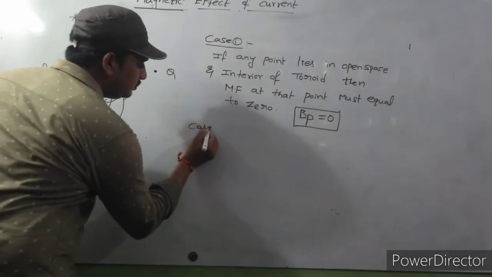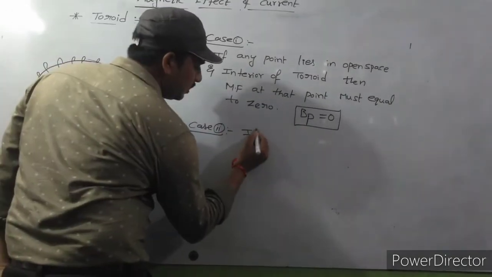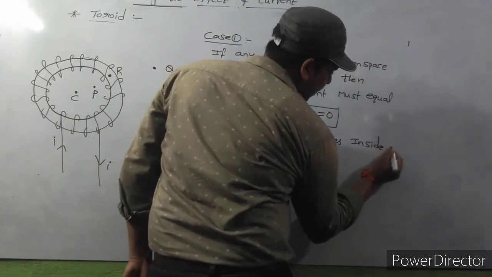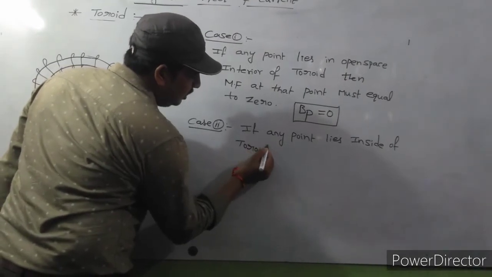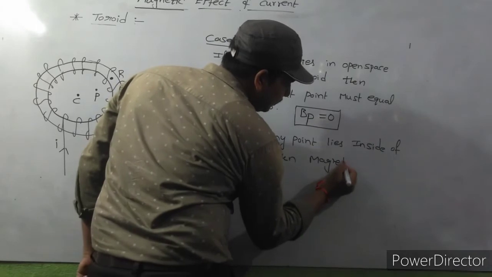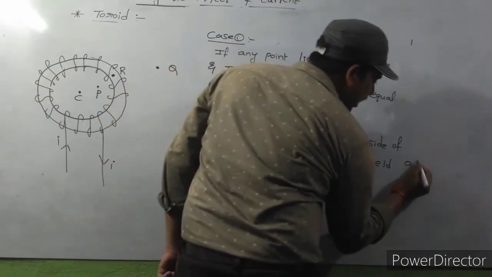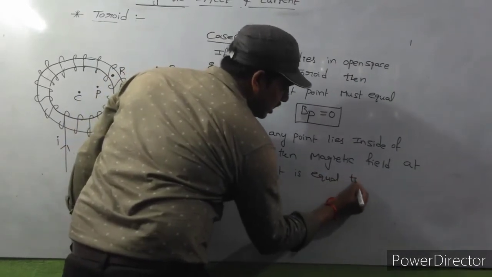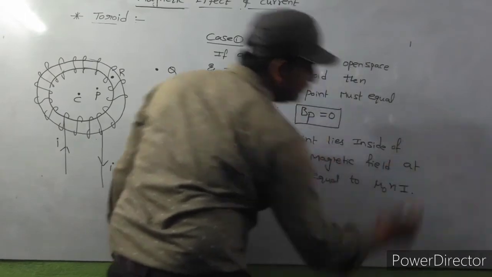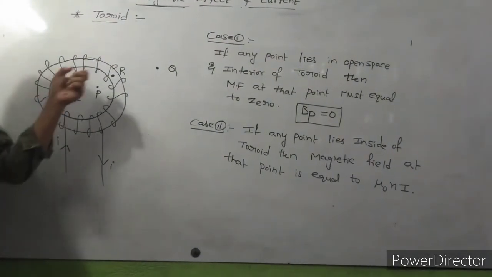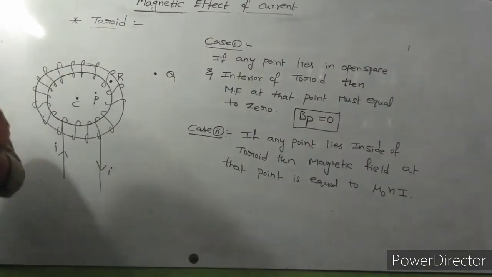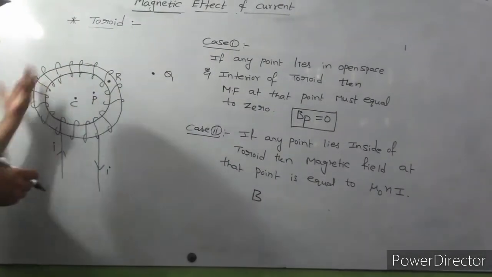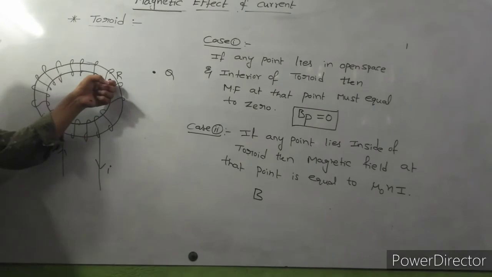Okay. Next, case 2. If any point lies inside of the toroid, then the magnetic field at that point is equal to mu naught into small n into I. If we consider any point inside of the toroid, then the magnetic field at that point must equal mu naught n I. From this diagram, R is the point that lies inside of the toroid.